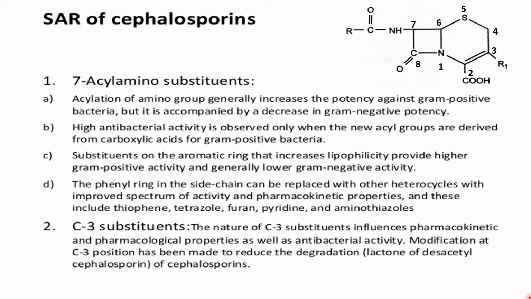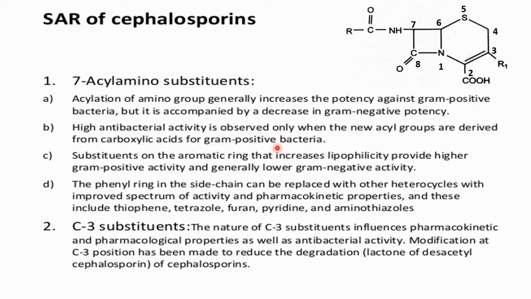So if the NH2 is substituted with an acyl group, the activity against gram positive bacteria will increase, but the activity against gram negative bacteria will decrease. And next, higher antibacterial activity is observed when the new acyl groups are derived from carboxylic acid for gram-positive bacteria.